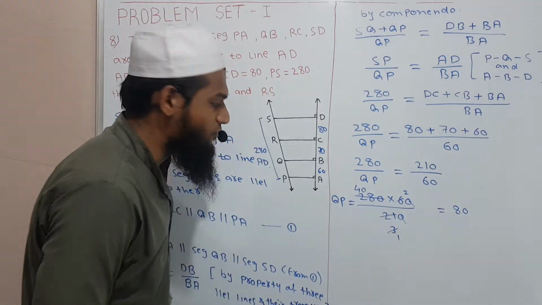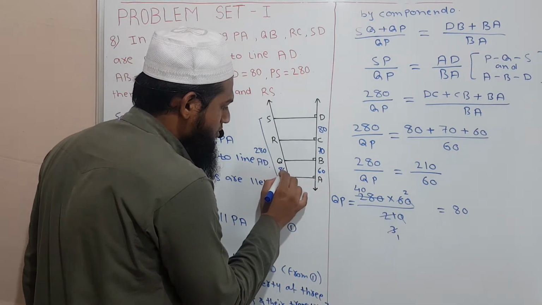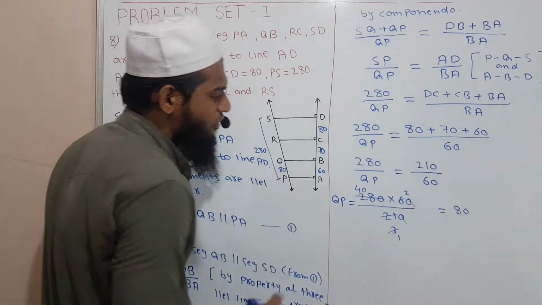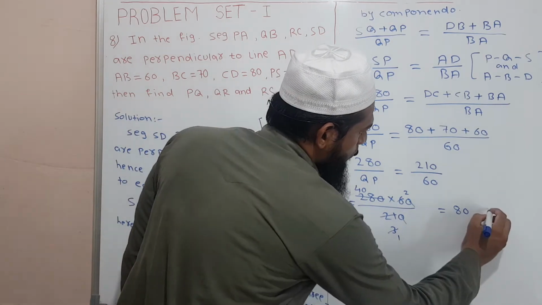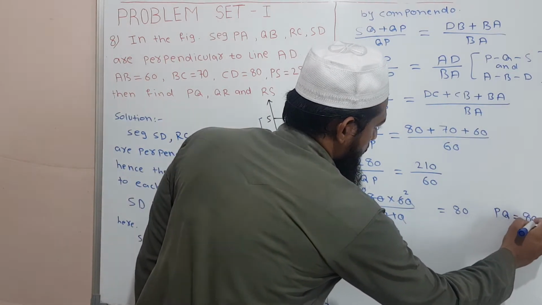We are getting the value of QP as 80. So we have found the value of PQ is equal to 80.